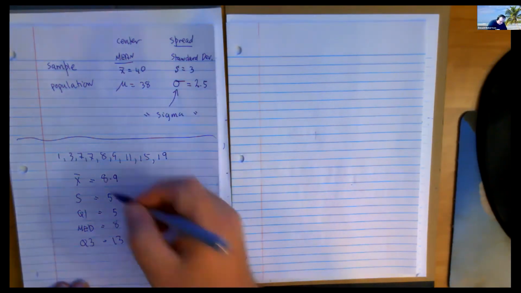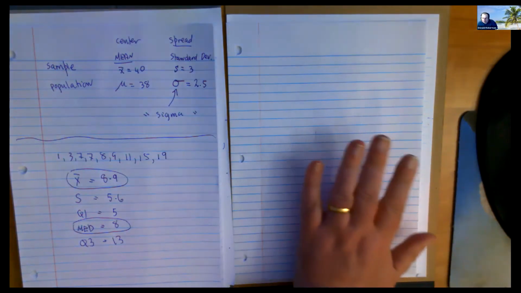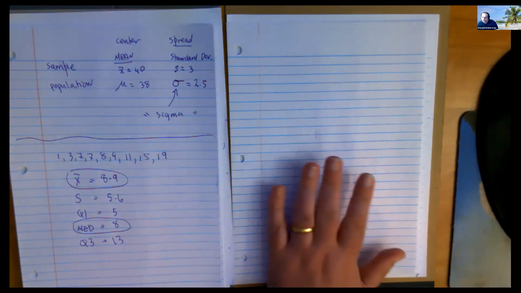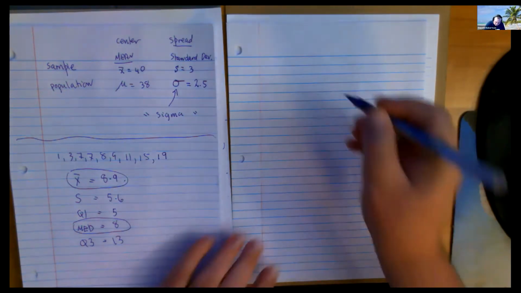Did I tell you how you can use only the values of the median and the mean to decide if the shape is symmetric, skewed right, or skewed left? Can you remember that? Okay, so here we go. I have an 8.9 for the mean, and I have an 8 for the median.